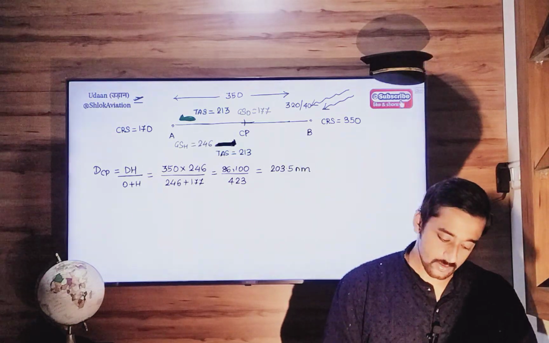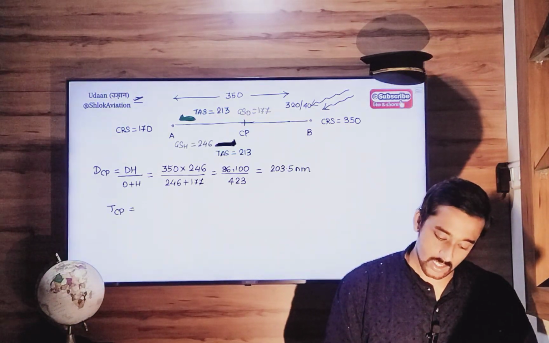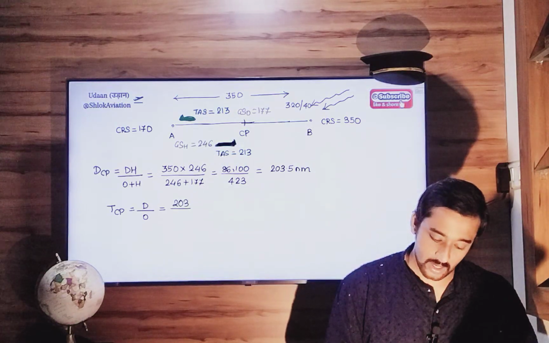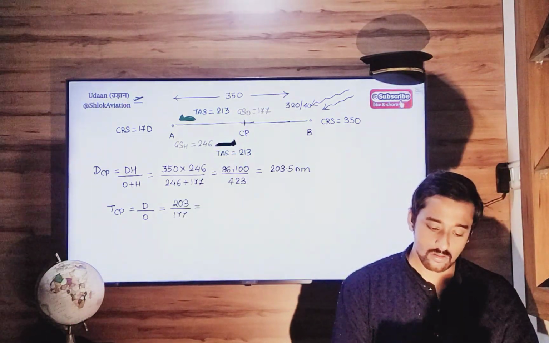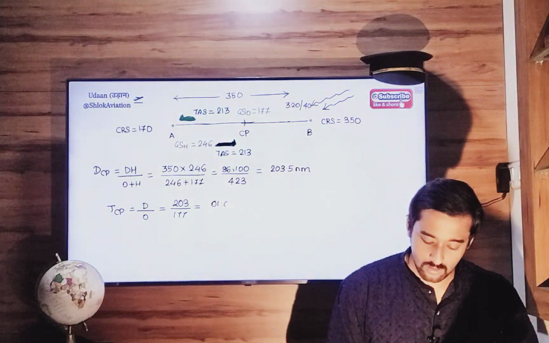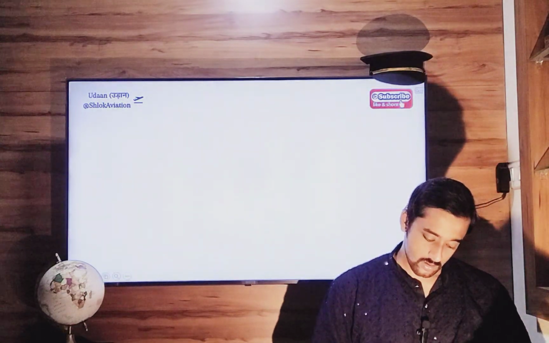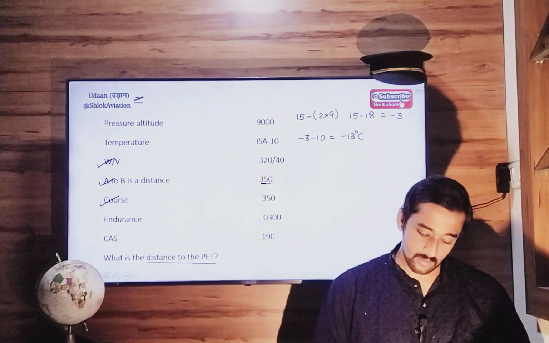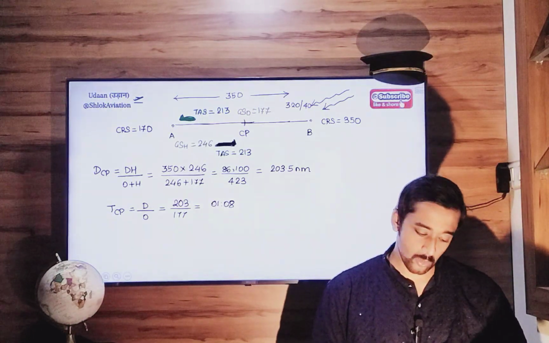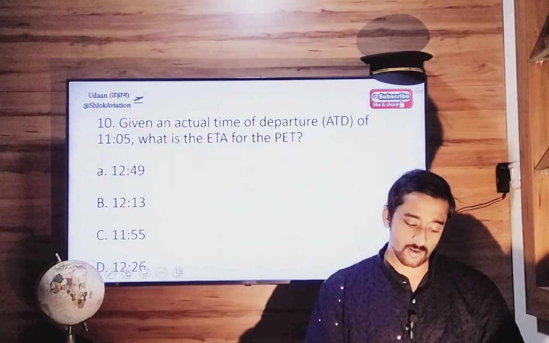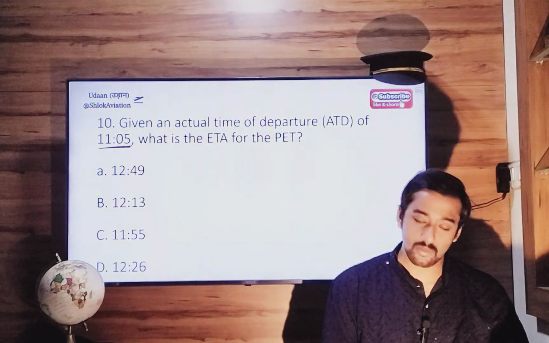Time to CP is distance divided by outbound speed. So 203 divided by 177 is 1 hour 8 minutes. So what is the distance to the point of equal time? It is 203.5.